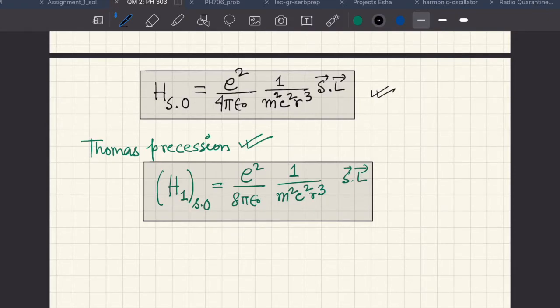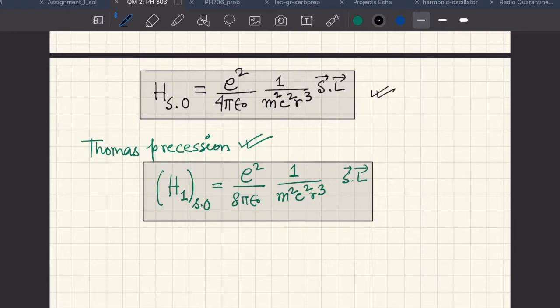Okay. So, of course, there are a few comments that I want to make here. Firstly, we have already said that it can be very dangerous to picture the electron as a spinning sphere. In fact, in your PH 204, it must have been emphasized very strongly that please do not try to see the electron spin as just the electron spinning like a sphere around some particular axis. It's not a correct picture to visualize in that manner.